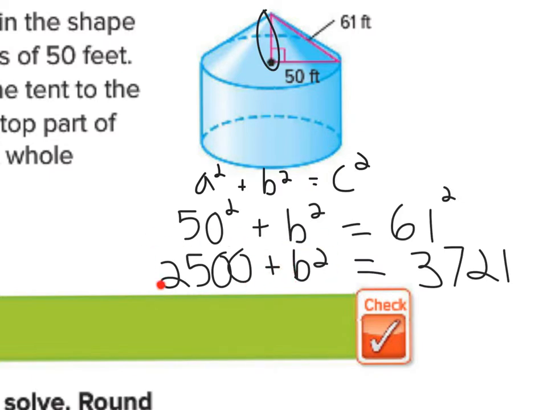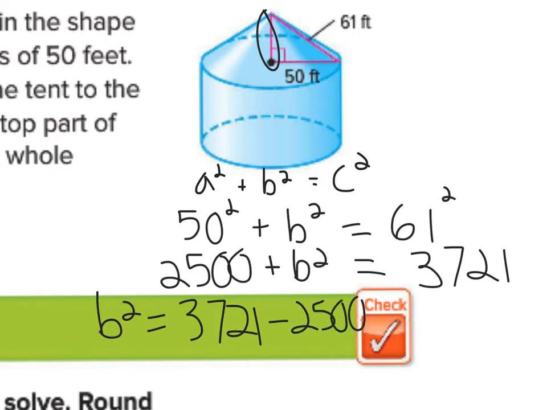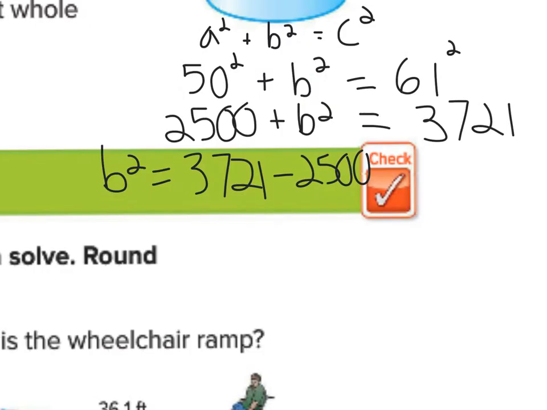Okay, now let's isolate our b by inverting the operation. Let's take this plus 2500 and bring it to this side and make it minus 2500. So we have b squared equals 3,721 minus 2,500. And I get b squared equals 1,221. Now in order to get rid of my exponent, I have to square root this side.